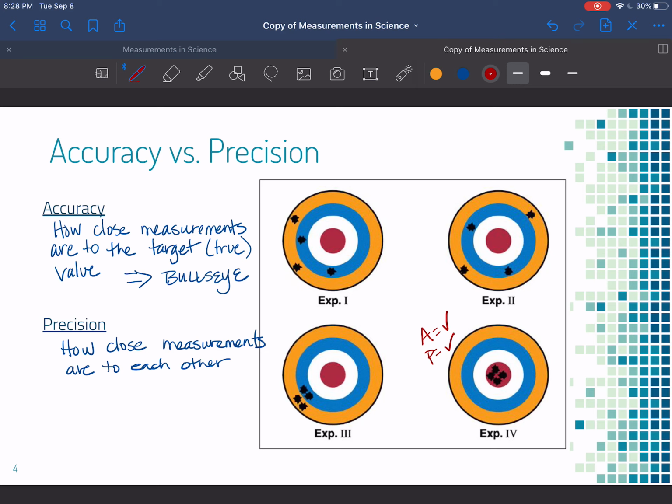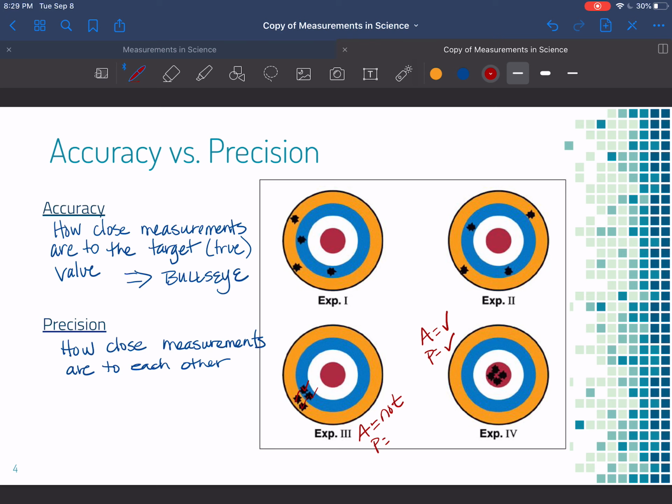If we look at example 3 and we evaluate it in terms of accuracy and precision, we're going to say that those 4 darts are not accurate because they aren't close to the bullseye. So not accurate. But are they close to each other?